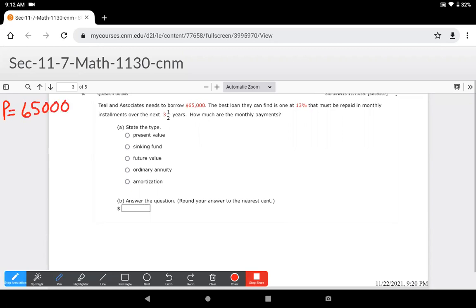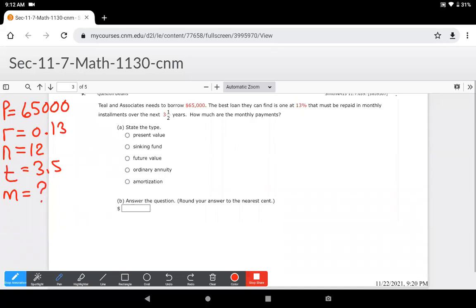So 65,000. The best loan they can find is one at 13%, that must be repaid monthly. So N equals 12 over the next 3.5 years. How much will the monthly payments be, right? So they're asking us for M.